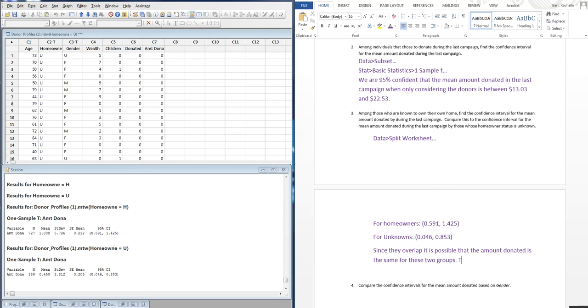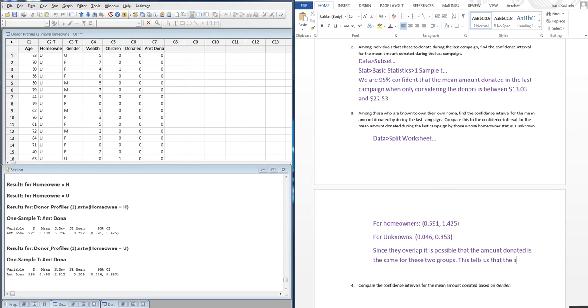This tells us that whether or not someone is a homeowner is not... Sorry. This tells us that knowing whether or not your donor is a homeowner doesn't change the amount they donated on average.